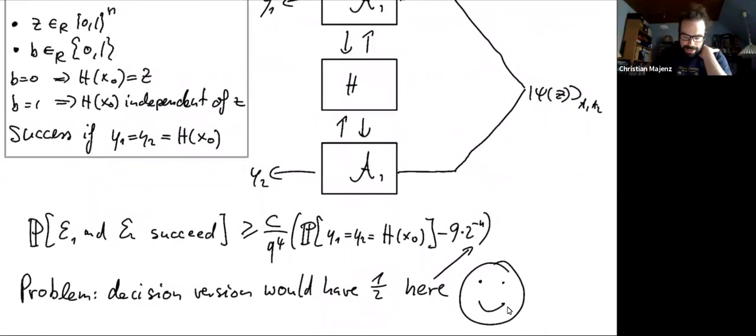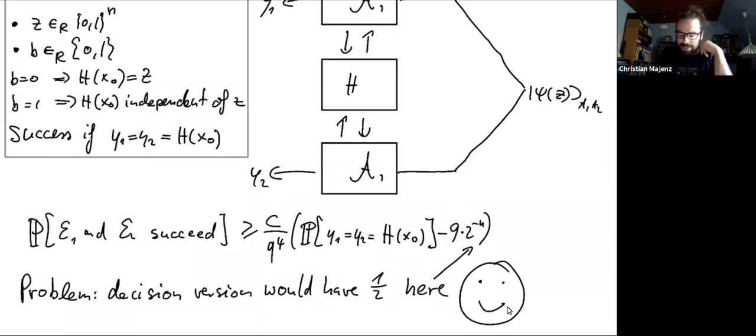And they were able to prove a bound for this, except that instead of relating it to the advantage of the original algorithm, here we have the success probability of the original algorithm, which is y1 equals y2 equals h of x0. And then we subtract some function of the advantage.